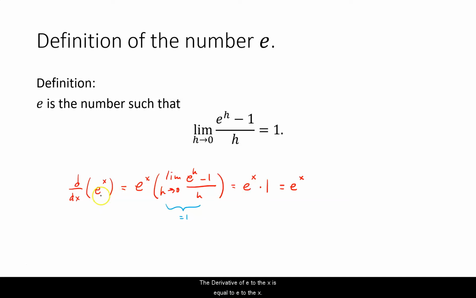The derivative of e to the x is equal to e to the x. By defining e this way, we have this special exponential function where e is this particular number. We'll also see e can be thought of in other ways, but this will be one way that will be particularly useful for us.